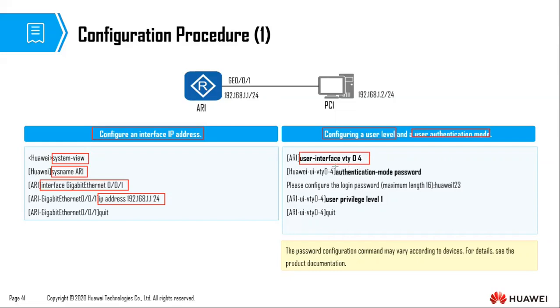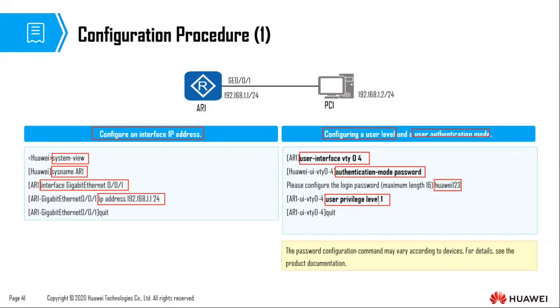Now, authentication mode, we can choose authentication mode password. The command is authentication-mode space password. So once we do that, and then we press enter, it's going to give us a chance to type the password that we want. In this case, we're just setting Huawei123. Then after that, on this VTY view, we create the user privilege level.